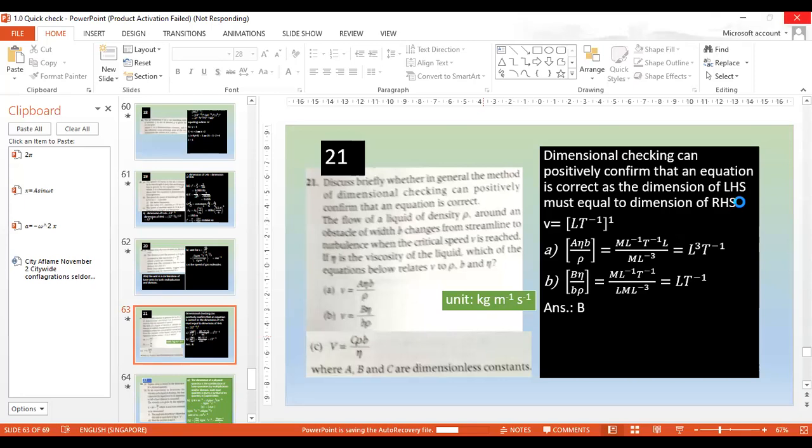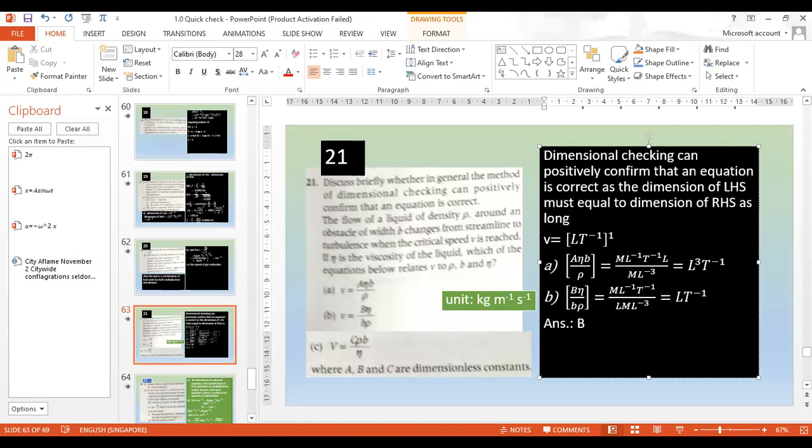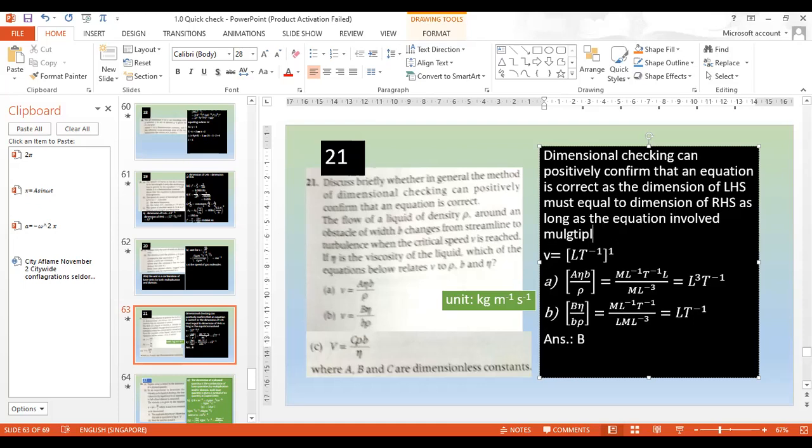With addition you have a problem, no? Or taking to the power, as long as it's multiplication and division, you can use dimension, because you are basically adding each term, having the same dimension, that's all.